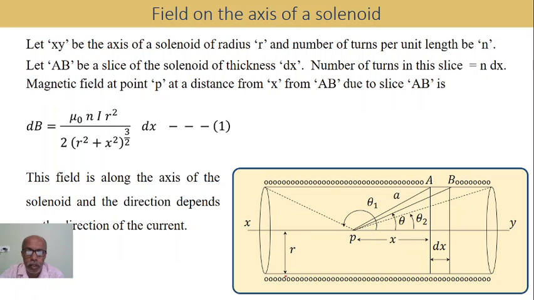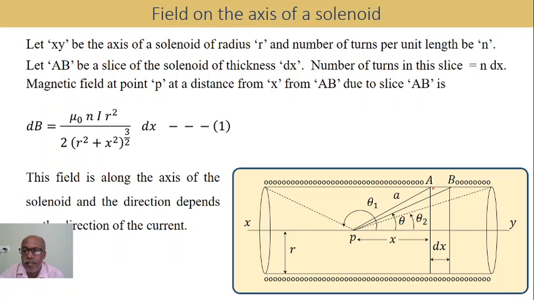The circles above and below the solenoid represent the number of turns. The total number of turns is taken as capital N, and therefore small n represents the number of turns per unit length of the solenoid.